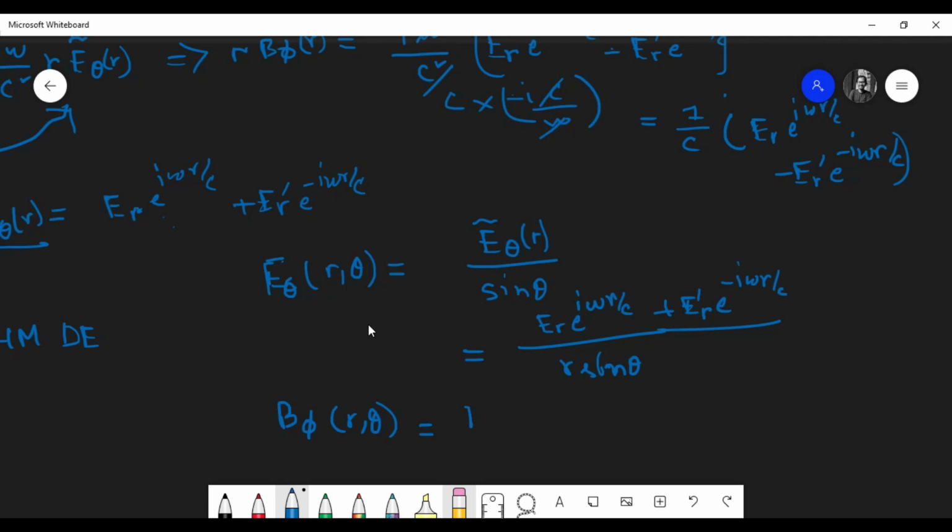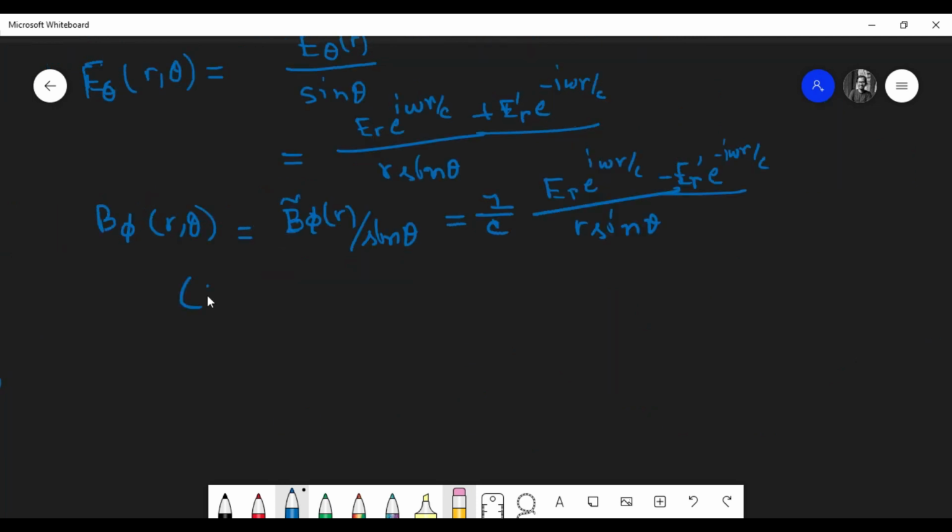So similar equations that we have here divided by sine theta. So it would be 1 over c r sine theta times E_R e to the power I omega r over c minus E_I e to the power minus I omega r over c. Now for the E phi and B theta solutions, we will have a similar type of solution because they also satisfy a similar type of differential equation. So I'm not going to solve that part because it's similar.